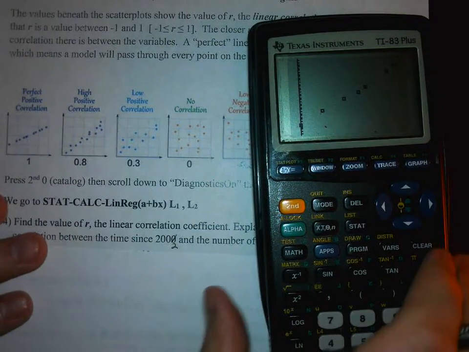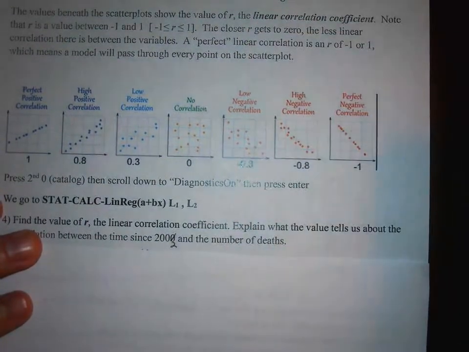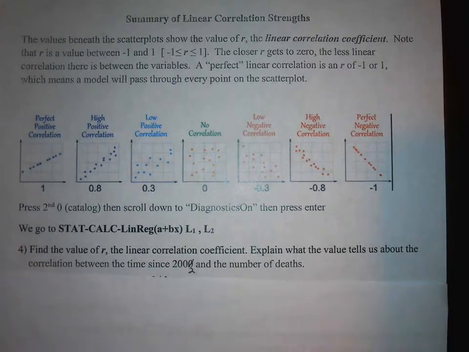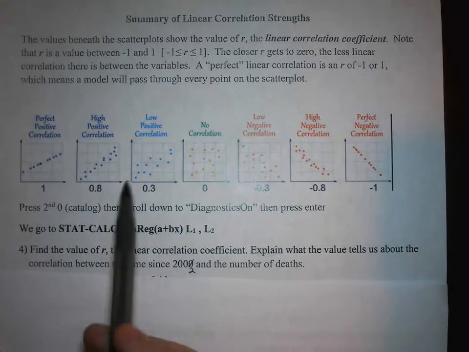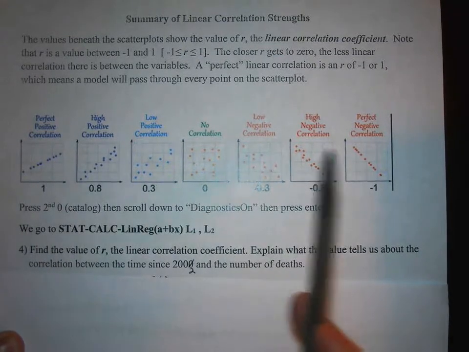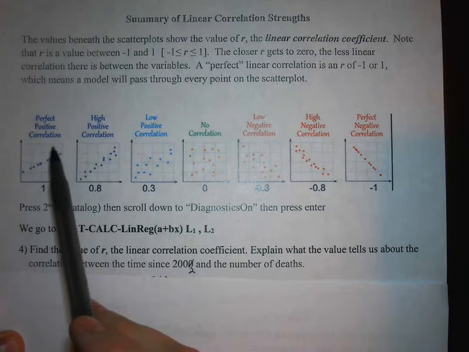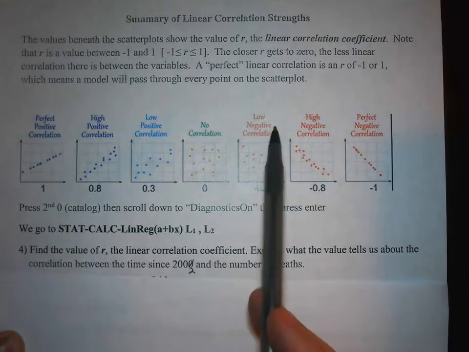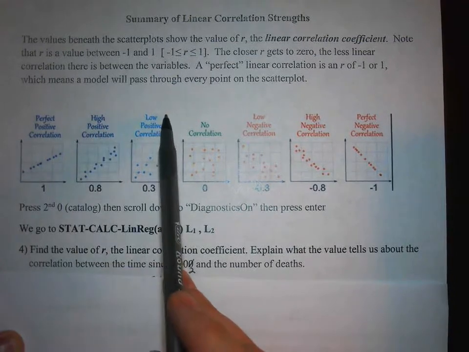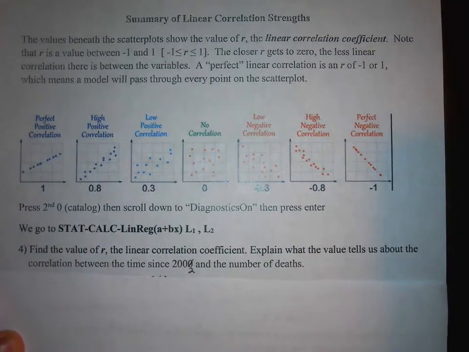So there should be a fairly strong correlation between time and the number of deaths. Now in general, you have several different types of correlation, meaning you have positive correlation or negative correlation, and then you have perfect, high or low in each of those realms.